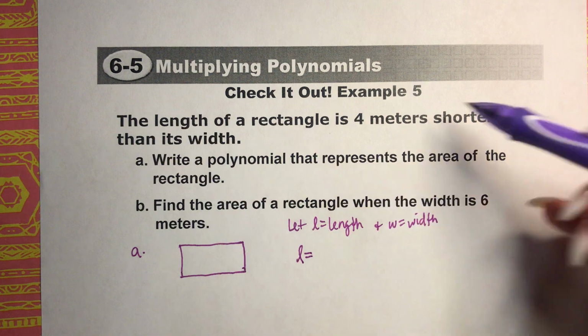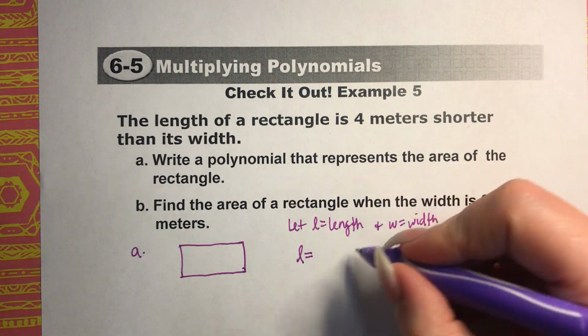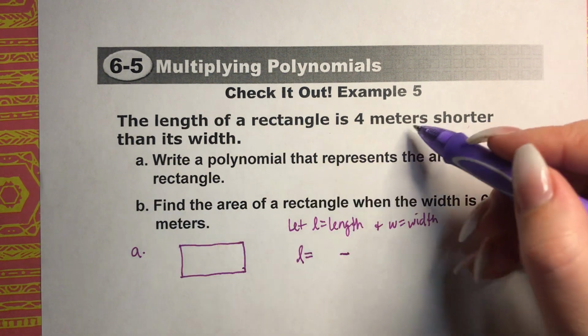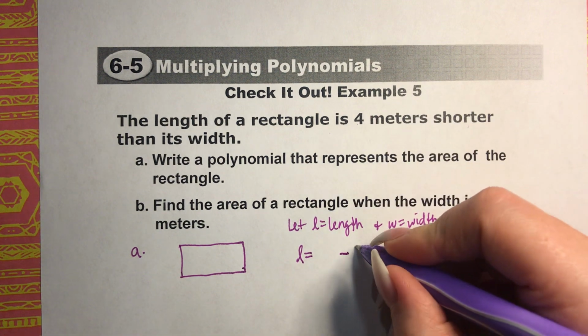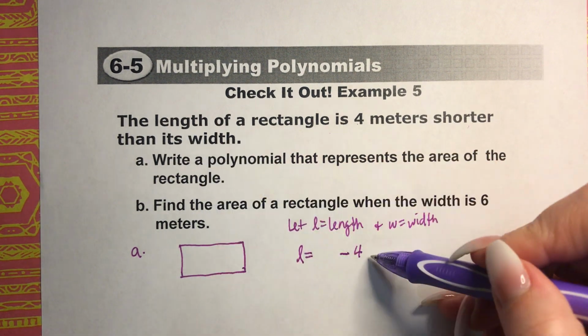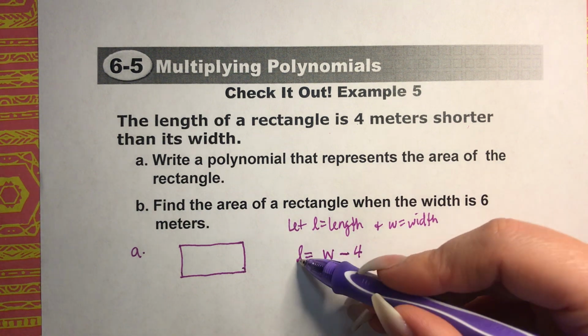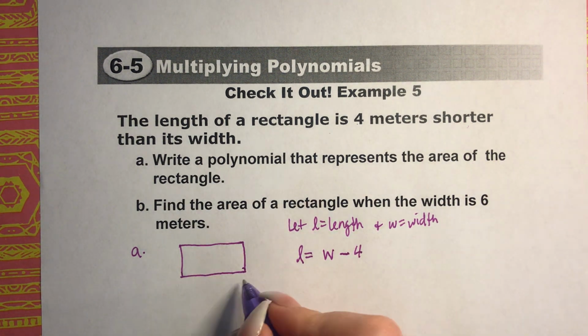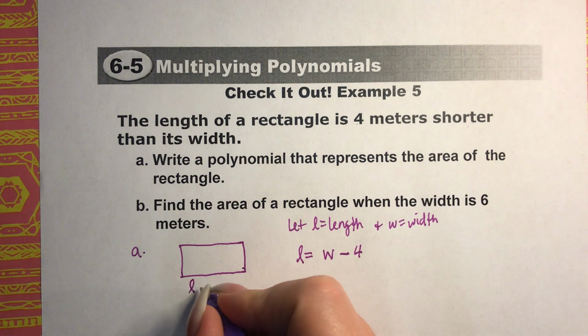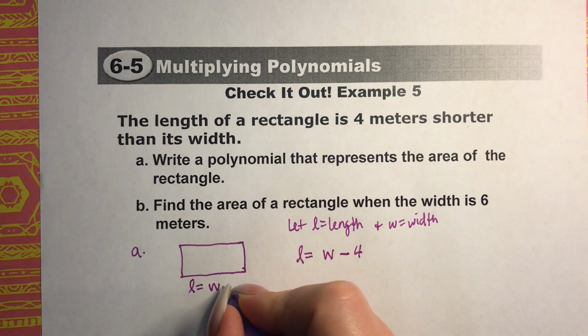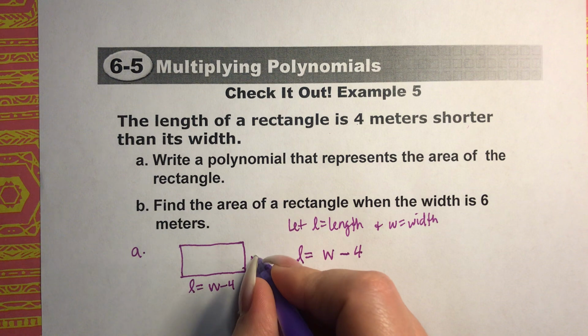Shorter than means less than, so that's going to be subtracting, and it's going to be than, which means flip. So 4 is going to flip to the back of its width. Width is going to flip to the front. So that is our length. Our length is equal to W minus 4, and this is our width, right?